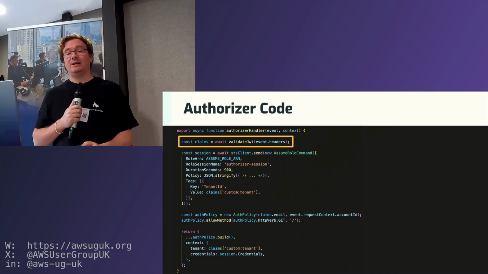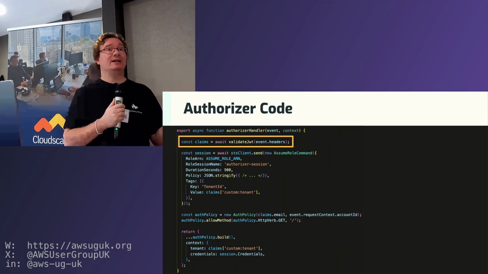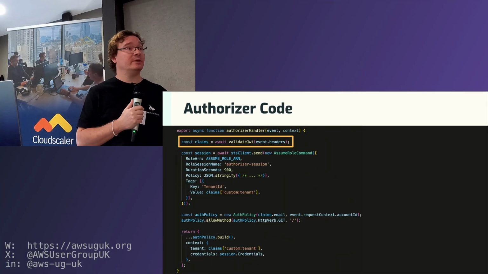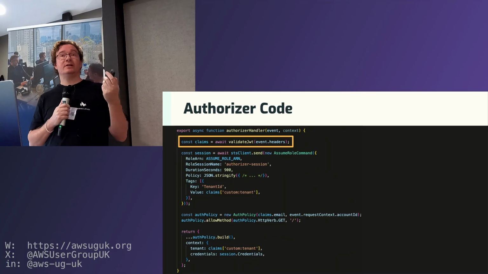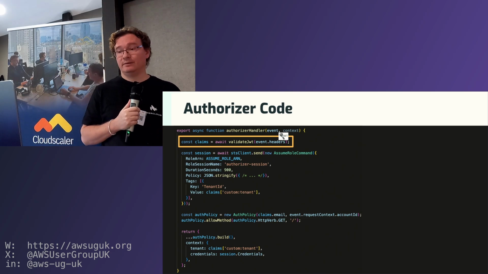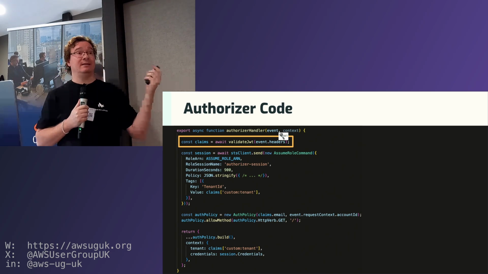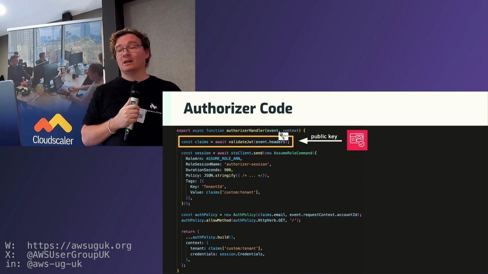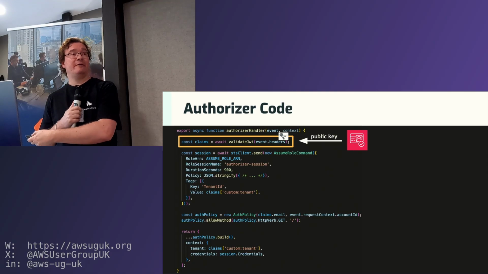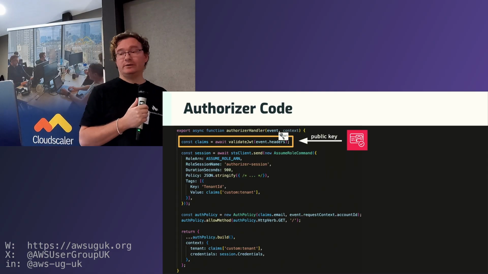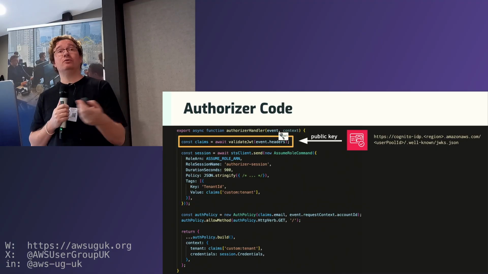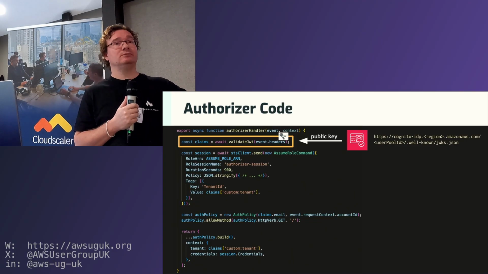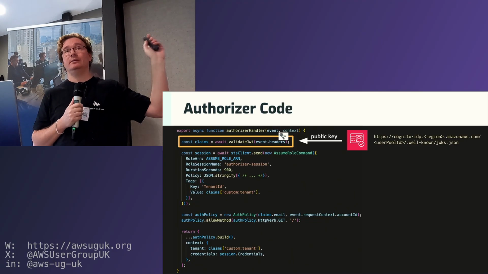The first part is where we validate the token that we received from the request. And under the hood, how does this happen? We get the token from the headers, and with Cognito, we fetch the public keys from Cognito. If you don't know, that is a well-known public location you can ping.